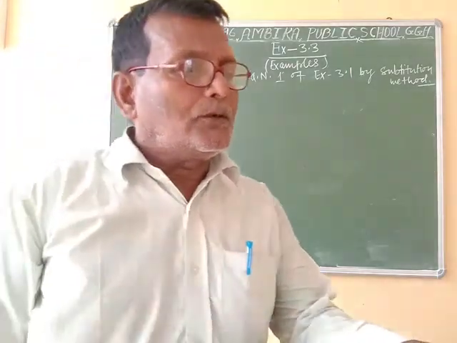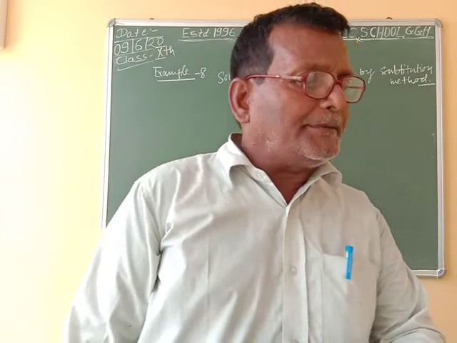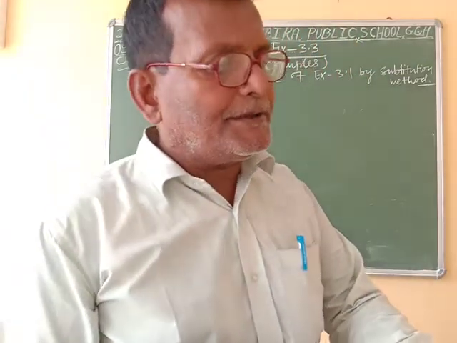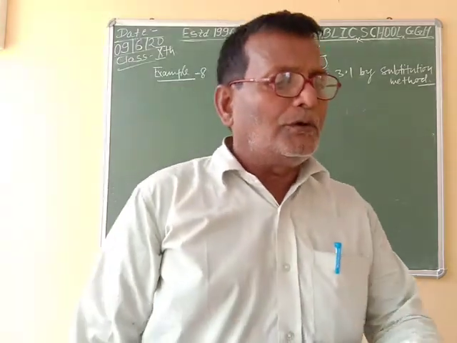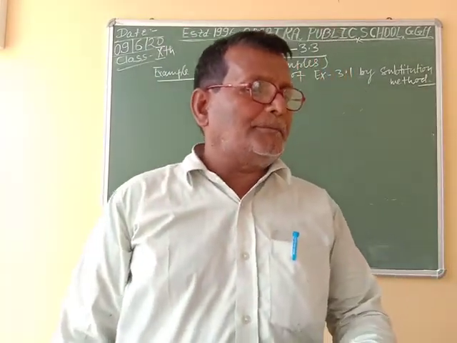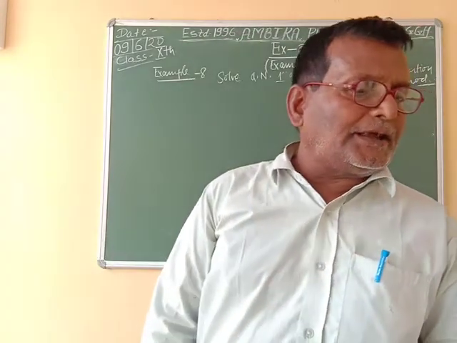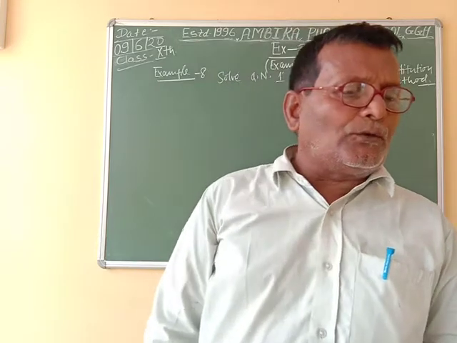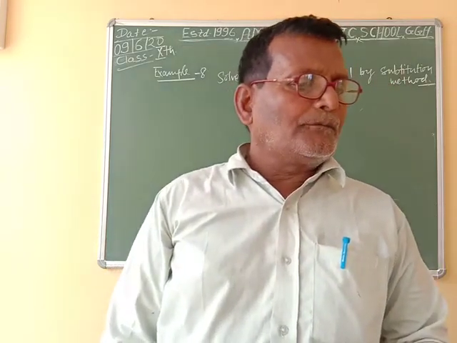In question number 1, Aftab tells his daughter, 7 years ago, I was 7 times as old as you were then. आफ्ताब अपनी पुत्री से कहता है कि 7 वर्ष पहले मैं तुमसे 7 गुने उम्र का था.